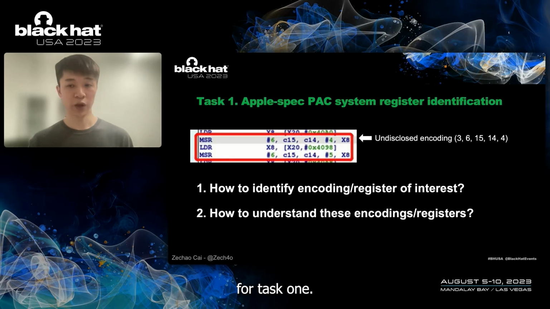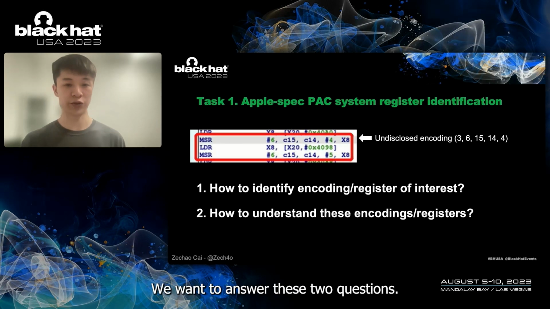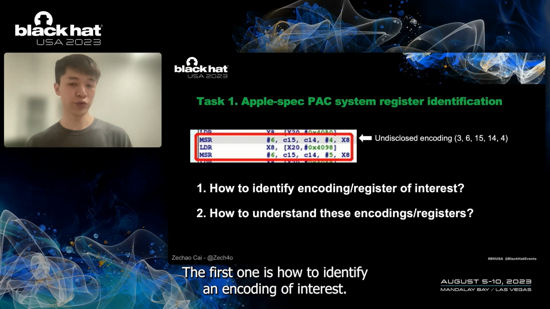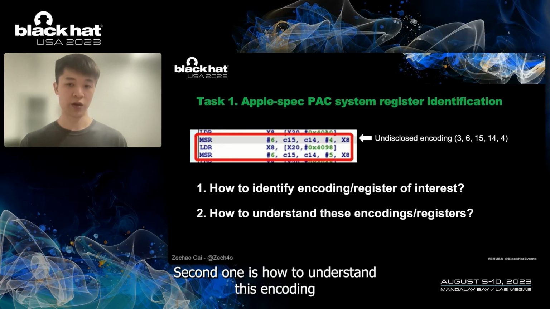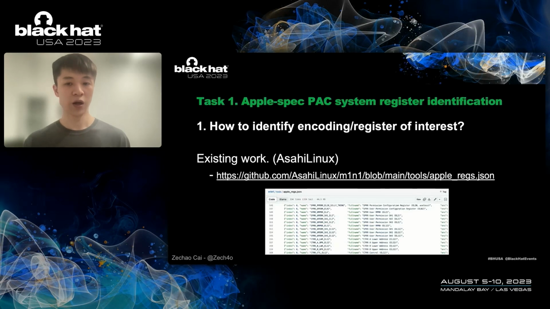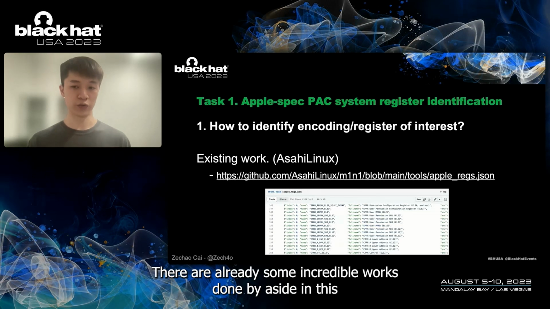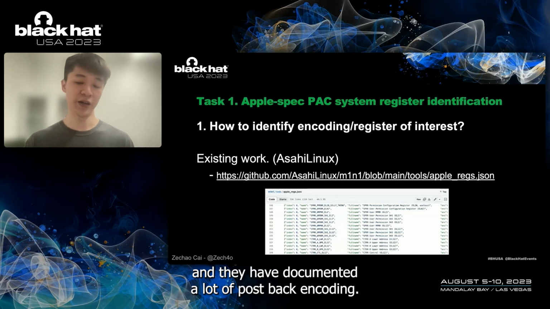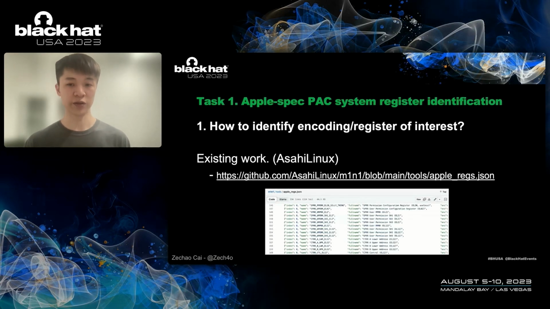For task 1, we want to answer these two questions. The first one is how to identify encodings of interest. The second one is how to understand these encodings. About identifying or documenting the Apple PAC encodings, there are already some incredible works done by Azad, and they have documented a lot of Apple PAC encodings.